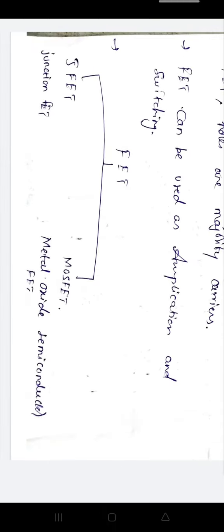FET is classified into two types: one is JFET and the other is MOSFET. JFET is the junction field effect transistor. MOSFET is the metal oxide semiconductor field effect transistor.